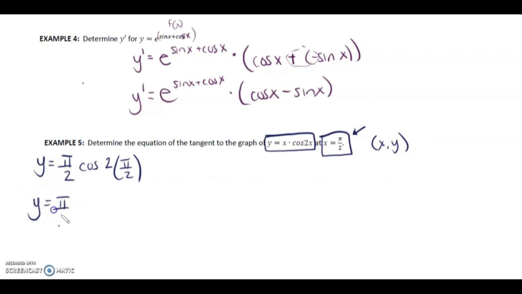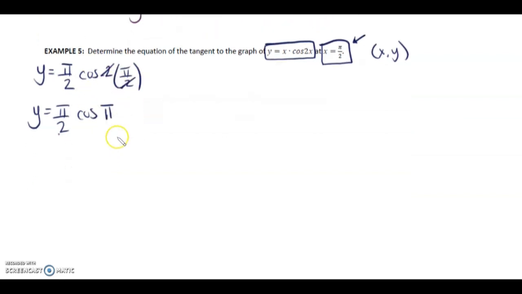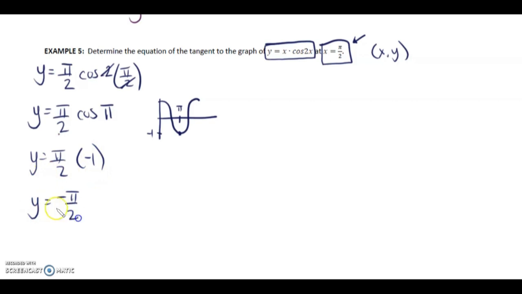These two 2's cancel out, and we have cos of pi. Now, thinking about cos of pi, I go to the side of my paper and draw my cos curve. What's cos of pi? Well, pi's right here, so we're going to have a value of -1. So I get y equals pi by 2 times -1, so y equals -pi by 2. Our full coordinate here is pi by 2, comma, -pi by 2.